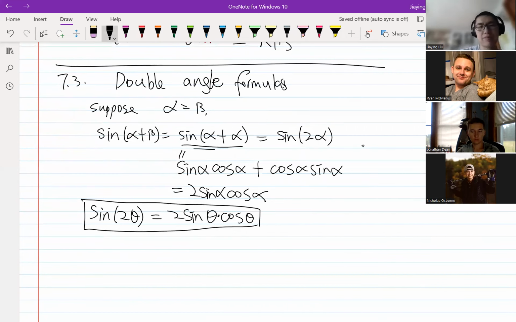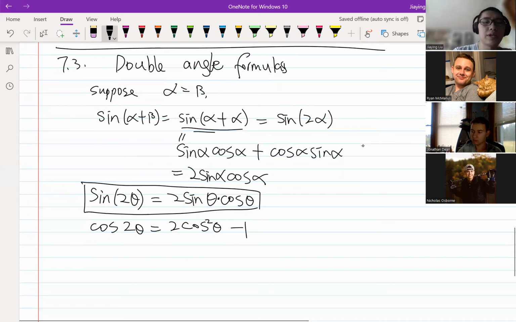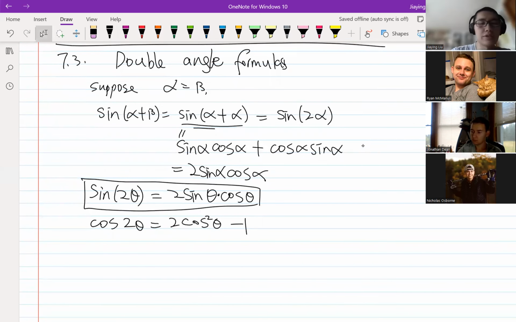And you can use the same approach to find the cosine double angle formula. So cosine 2 theta is equal to 2 cosine squared theta minus 1. I'm not going to do that, but if you're interested, you can say, okay, alpha equals beta, and what is cosine alpha plus alpha? It's the same approach. Now, the benefit of the cosine double angle formula is that there are 3 of them.